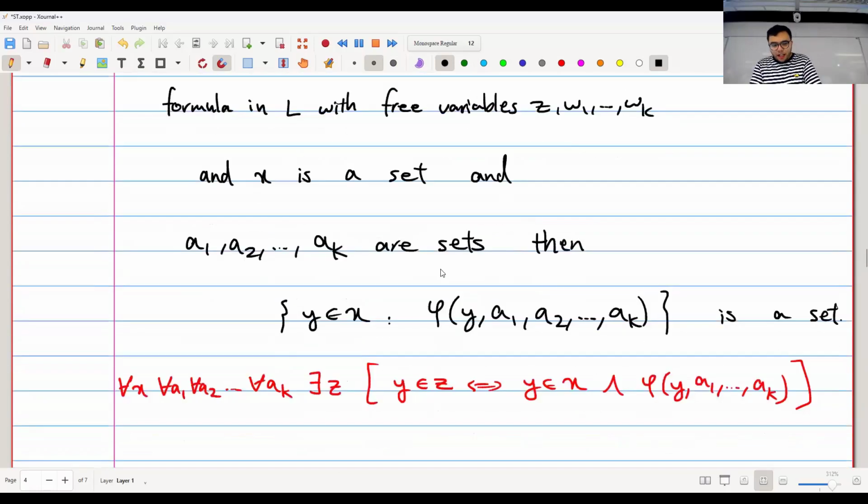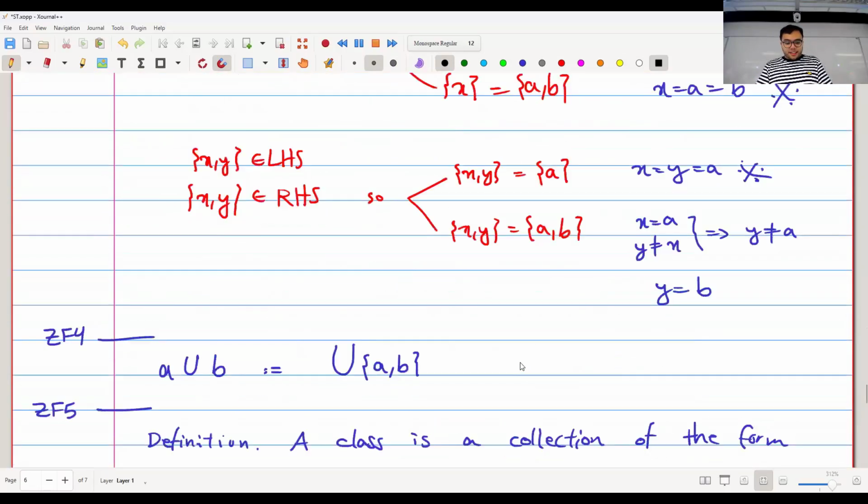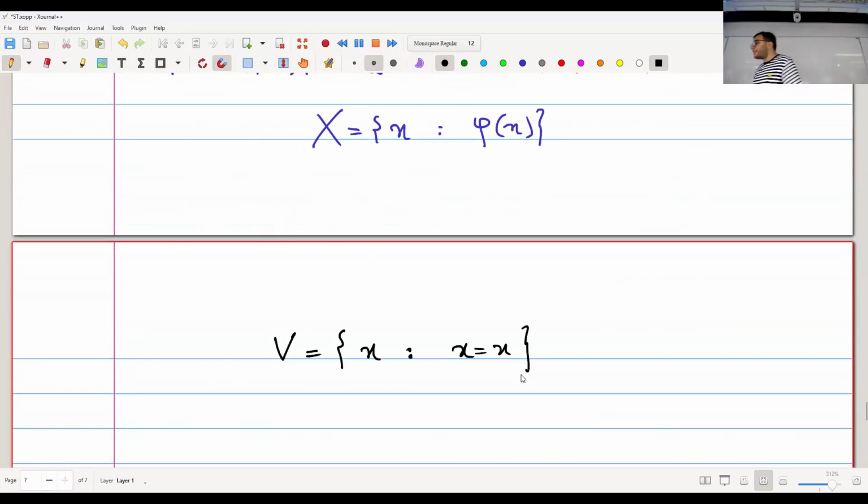I said that if I have a set X, I can use comprehension to find the subset containing elements of X that satisfy some formula. So by saying that this is no longer a set, by saying that it's a class, it means that I cannot apply comprehension. So I cannot write something like A is the set of all X's in V such that some formula, X is not in X. This is a valid formula. This part is fine. This part is not fine because I can do comprehension only over sets and V is not a set.